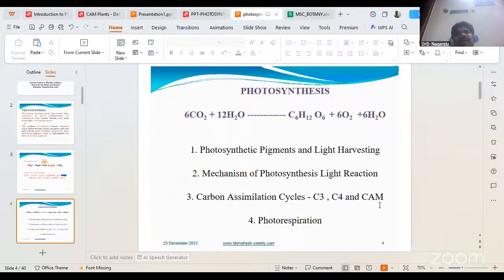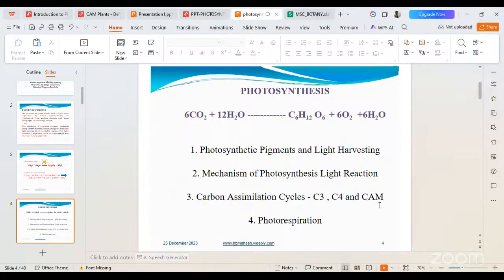RUBP, ribulose 1,5 bisphosphate, is the highest quantity of the protein or enzyme present in the plant. Up to 40 percent among all the proteins, RUBP is present. That's why it is the highest amount of protein or enzyme present in the plant.